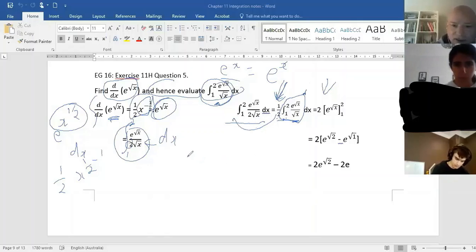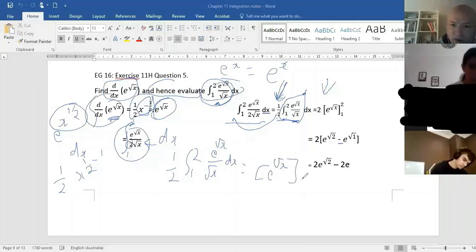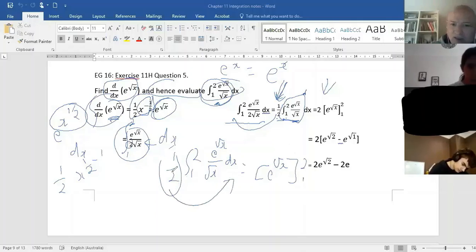So let me do it like this. A half, integral from 1 to 2 of e to the square root of x divided by the square root of x dx equals e to the square root of x, because we know that from before, between 1 and 2. But this has to move to the other side. So divide by 2 becomes times by 2. That's how I get my times by 2 there. Can everyone see that? Any questions before I move on?